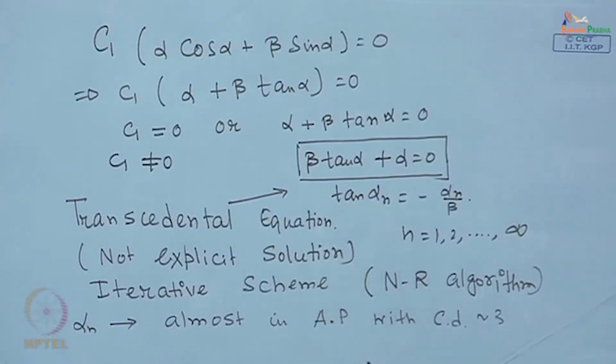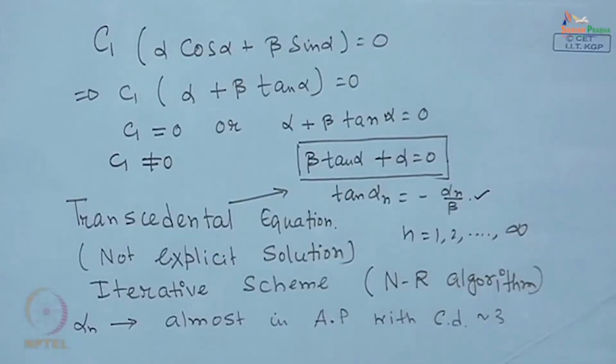Next, you give a guess which is the earlier solution plus 3. With that guess you will get the next root of this transcendental equation, and then you give the third guess as the solution of the second eigenvalue plus 3, the common difference being 3.